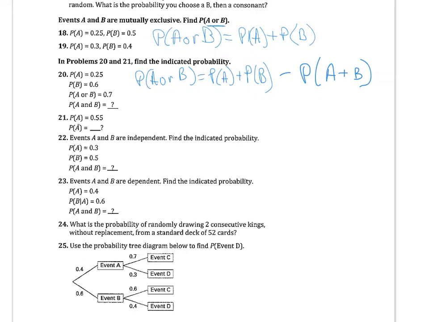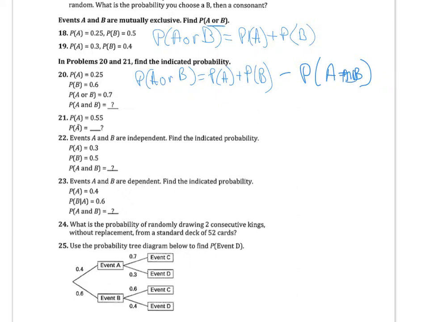Okay, gang, here in number 20 and 21, we want to use this formula. A or B equals A plus B minus the probability of A and B. Sorry, that should be an and right there. Okay, so plug in what you know.